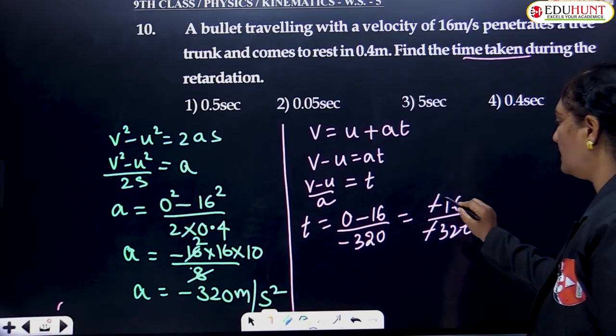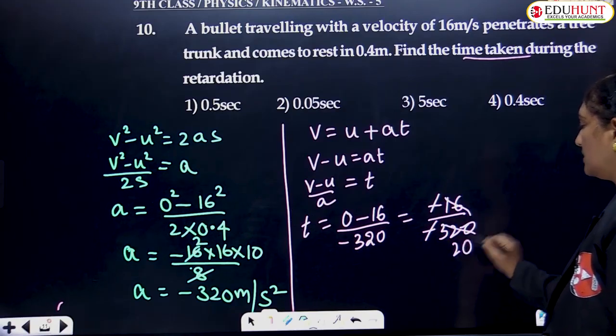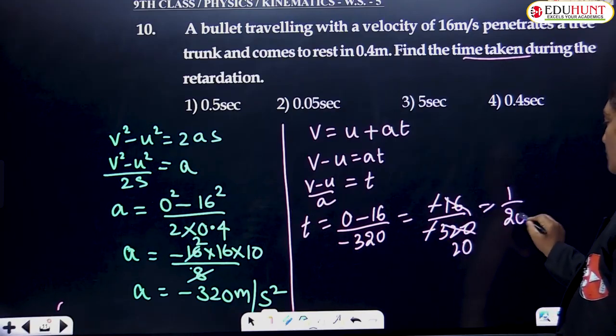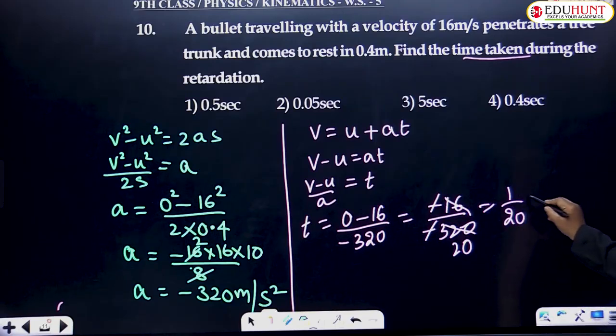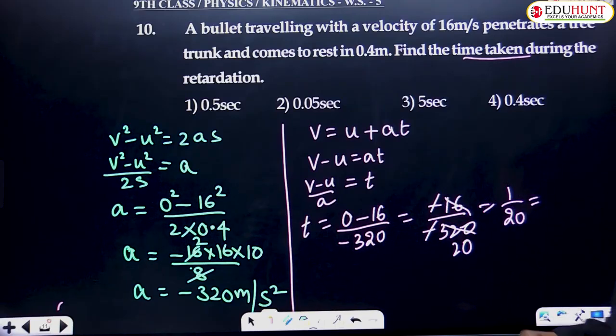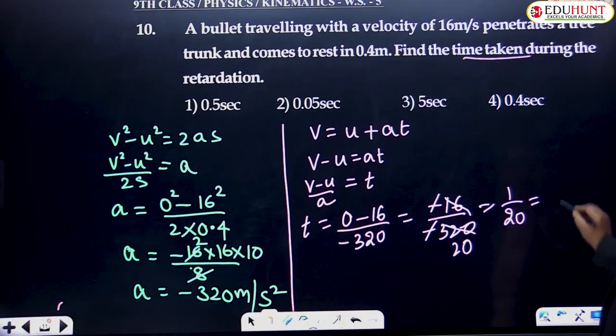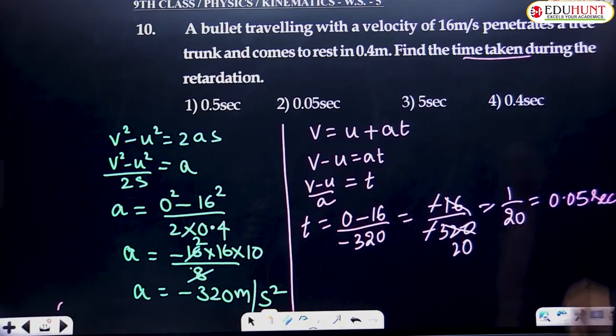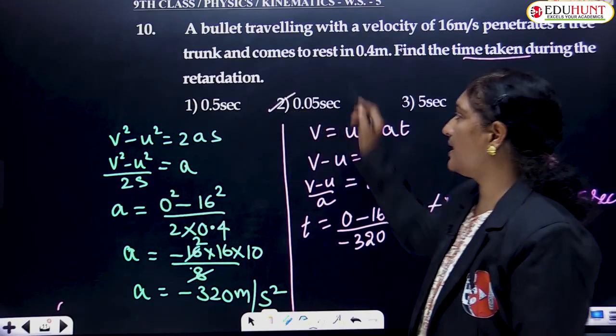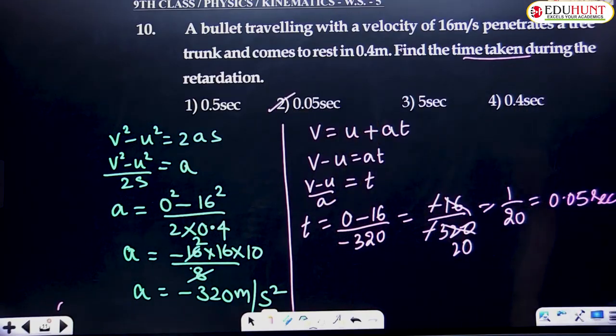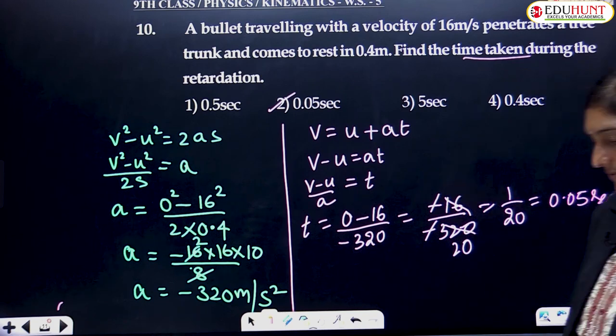Minus goes cancel. 16 2s is 32. Hence the answer is 1 by 20. This can also be written as 0.5 by 10, which is 0.05 second. Hence your correct answer is the second option, that is 0.05. Okay children?